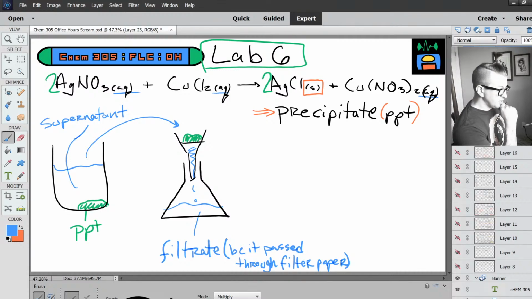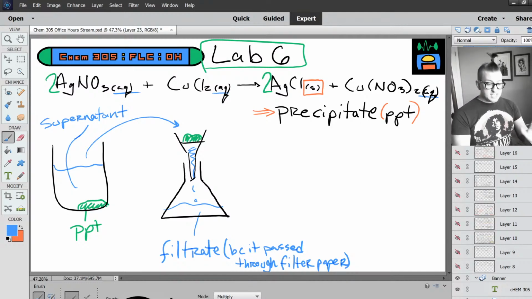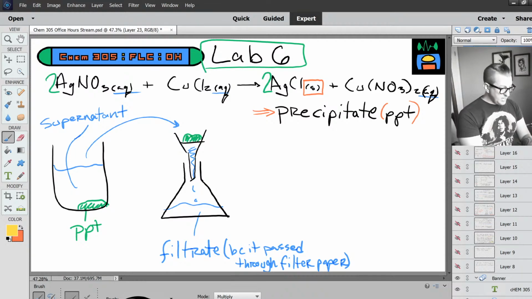Okay, let's see. So this is the reaction that we're dealing with. It's silver nitrate reacting with copper 2 chloride to produce a solid silver chloride precipitate and copper 2 nitrate.